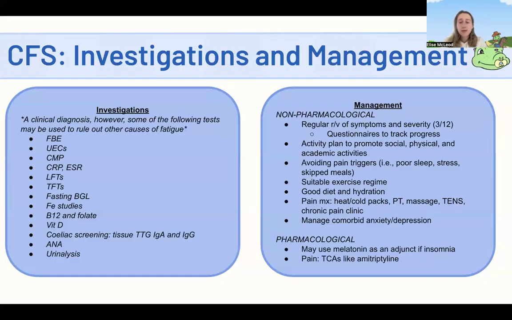Pain management might involve things like heat and cold packs, physio, massage, and managing comorbid mental health conditions as well. Pharmacological is not as common, but if the young person has significant insomnia, melatonin might be used as an adjunct, and tricyclic antidepressants like amitriptyline if they've got severe chronic pain.